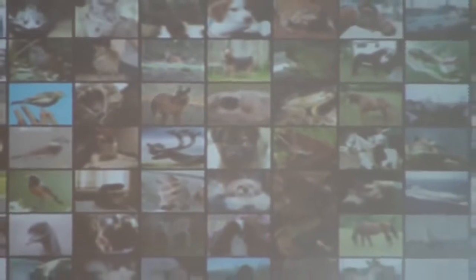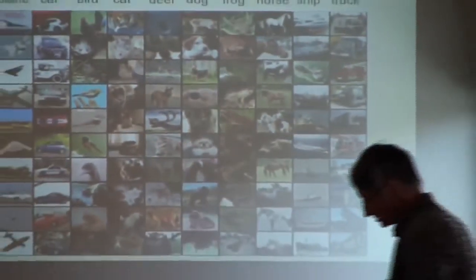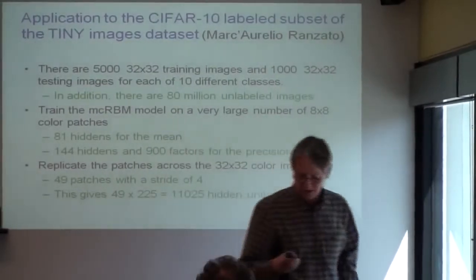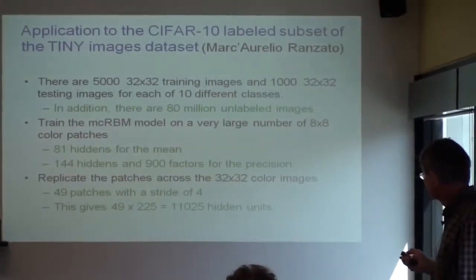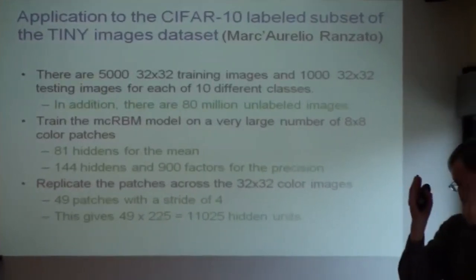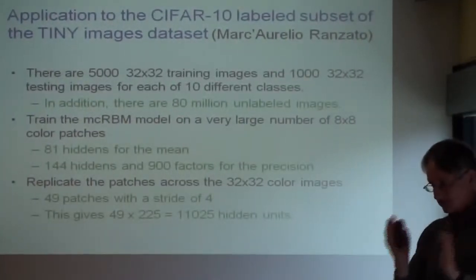So we can do all this pre-training on lots of unlabeled data, and then take our covariance units and our mean units, and just try doing multinomial logistic regression on top of those, or maybe add another hidden layer and do it on top of that. So what Marc Aurelio Ranzato actually did, since he worked in Yann LeCun's lab, he actually took smaller patches, learned a model, and then strode them across the image and replicated them.